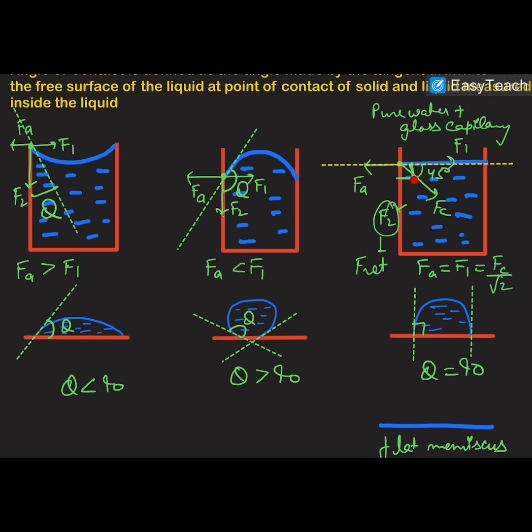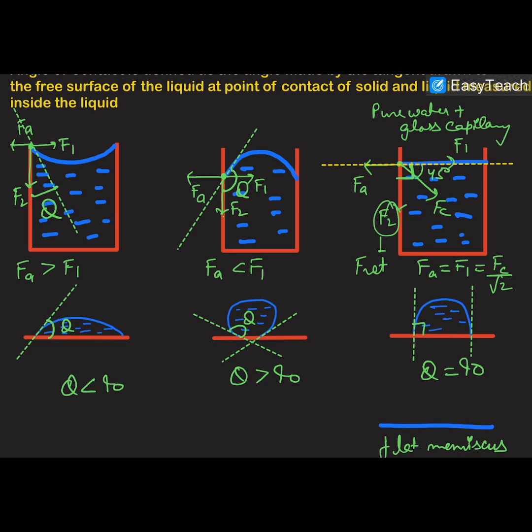Therefore we can say that the net cohesive force will be more closer to the horizontal direction, and therefore we can say that this component F1, which is the horizontal component of net cohesive force, will be greater than the adhesive force acting on this molecule.